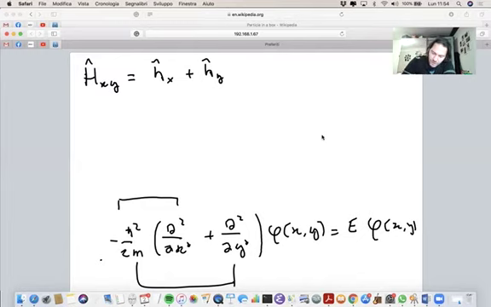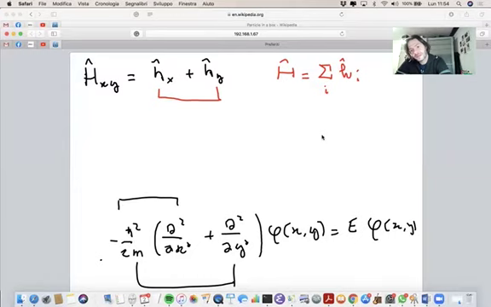Anytime the Hamiltonian can be split as a sum of Hamiltonians which each contain only a subset of variables, then the solution of the Schrödinger equation, which in 2 dimensions depends on x and y, and in more variables, like many particles, has more coordinates, one or two for each particle, and you can of course generalize this to higher and higher dimensions.